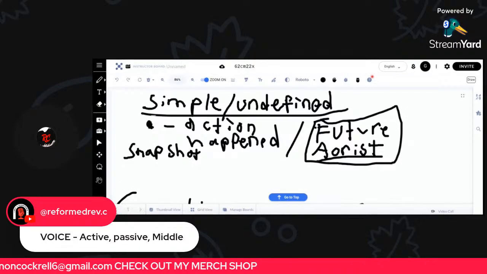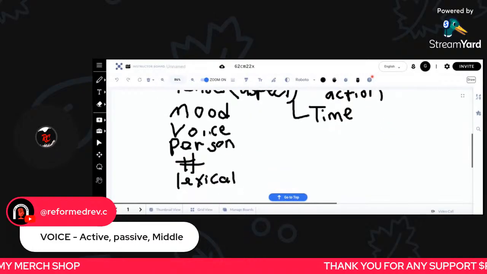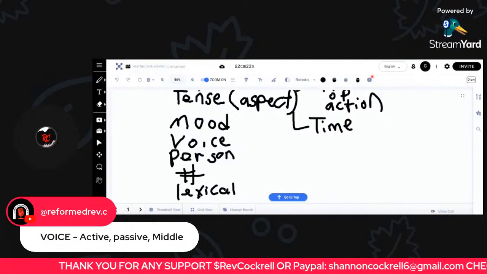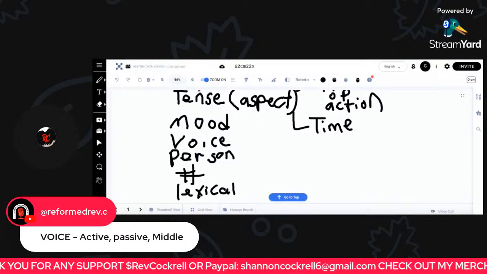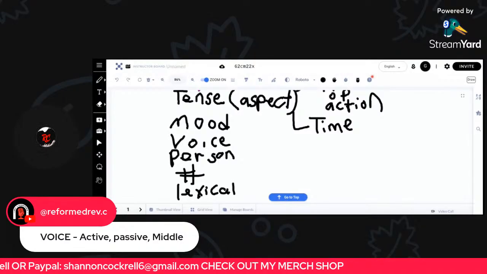Go back one. So Greek is going to have tense, which is the kind of action and time, with the kind of action being the most important. Mood, how does it relate to reality?